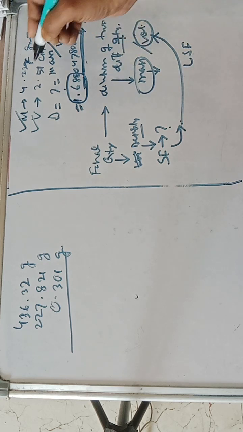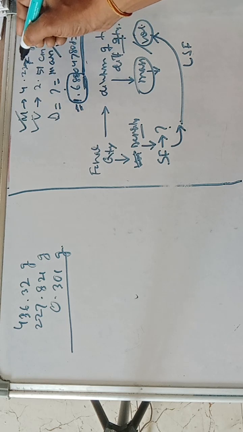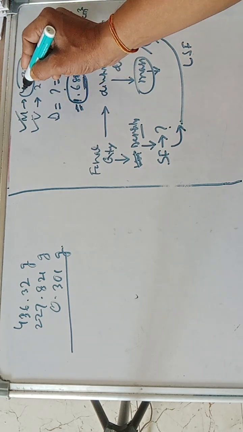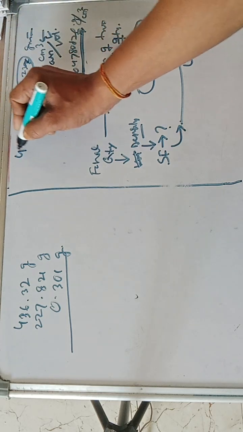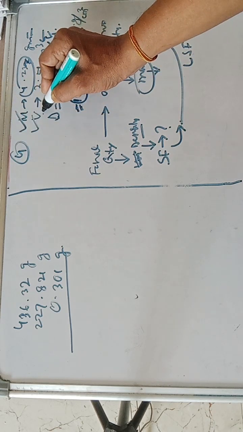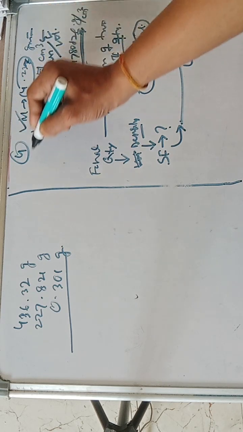That means here the significant figure of mass is 1, 2, 3, 4. The significant figure of volume is 1, 2, 3.